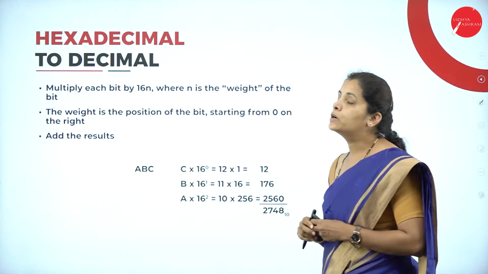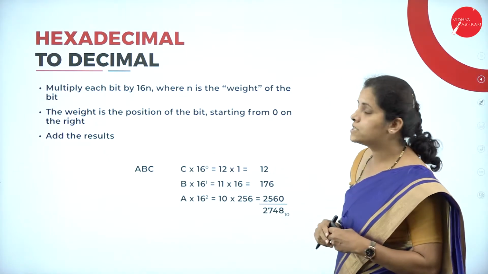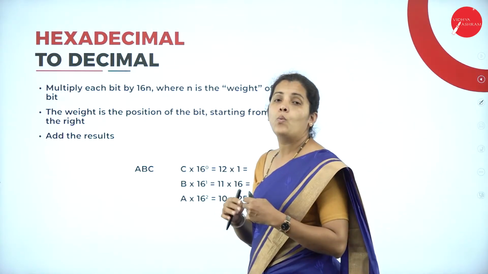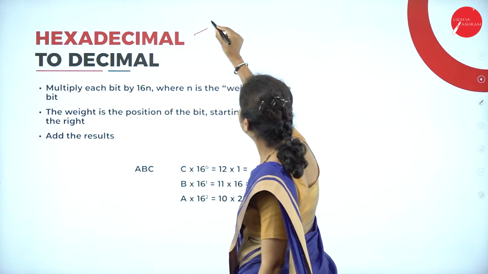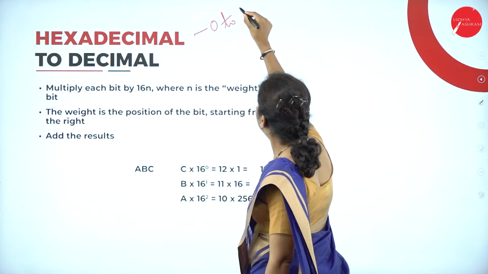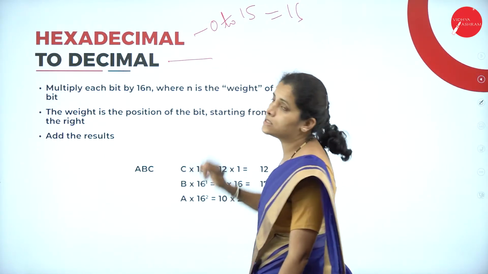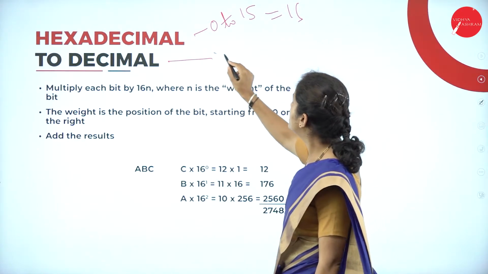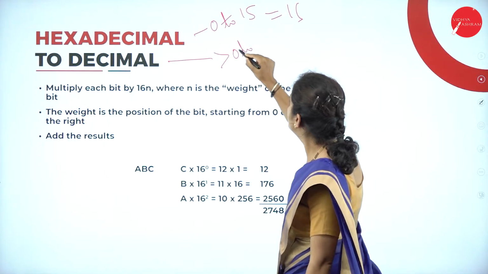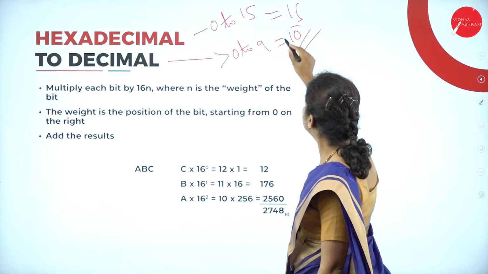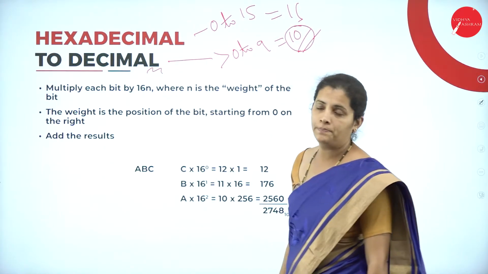Moving further, we are going to do hexadecimal to decimal. So what is the hexadecimal range? Here it starts from 0 to 15. Total it is 16. What is decimal then? Once again, it is 0 to 9. Total 10 numbers. So 10 is nothing but your decimal number.